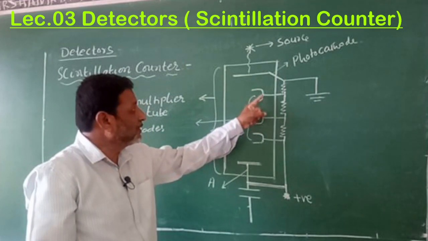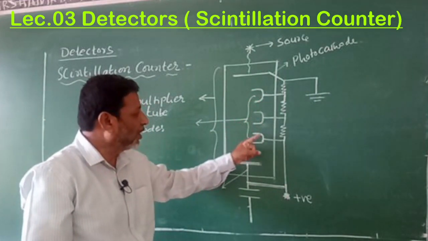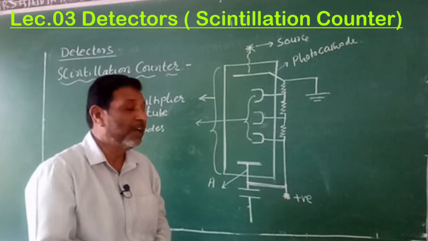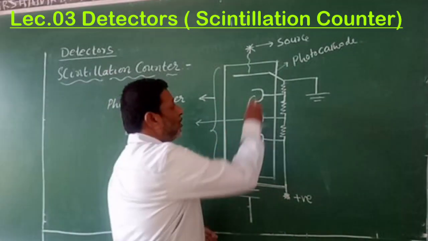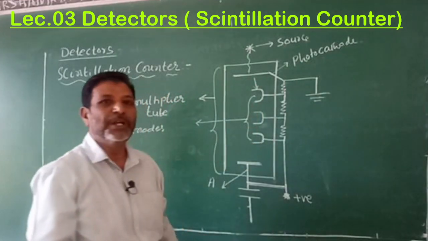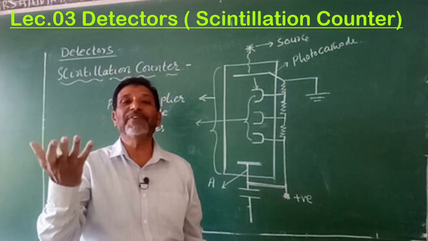The surfaces of these dynodes are coated with such a material that when one electron strikes the surface of a dynode, it releases a larger number of electrons.